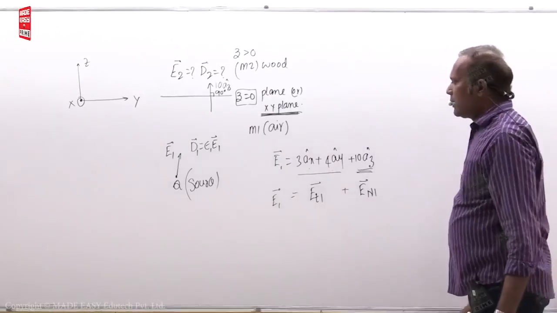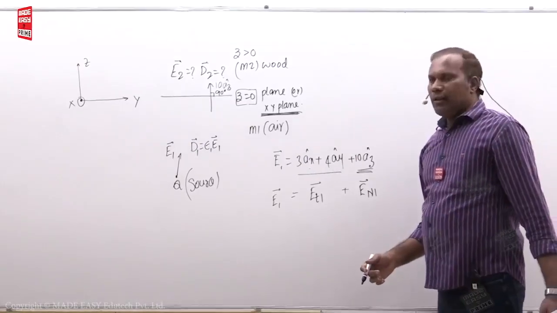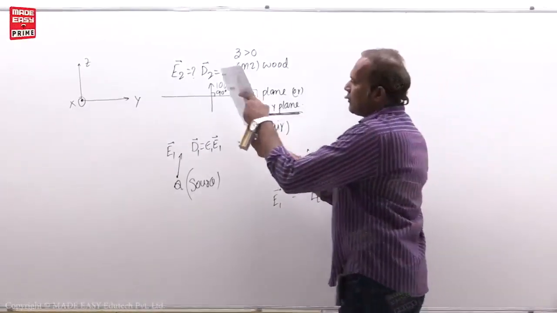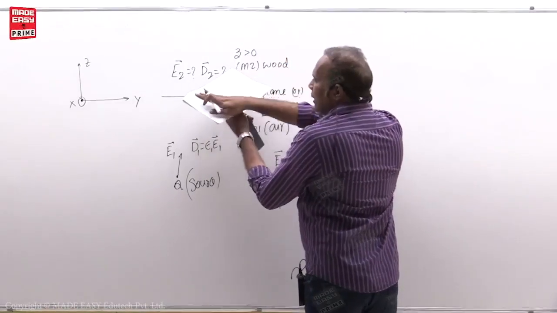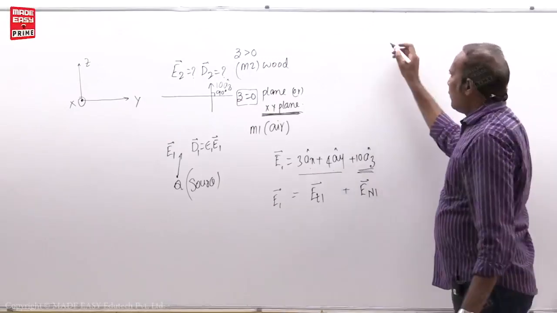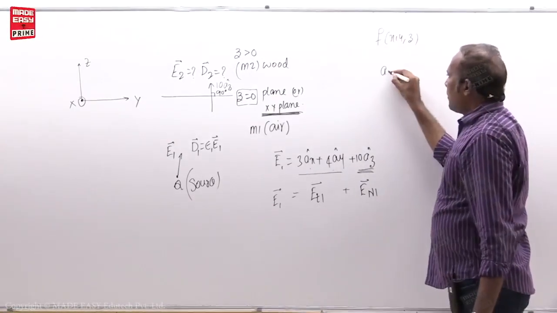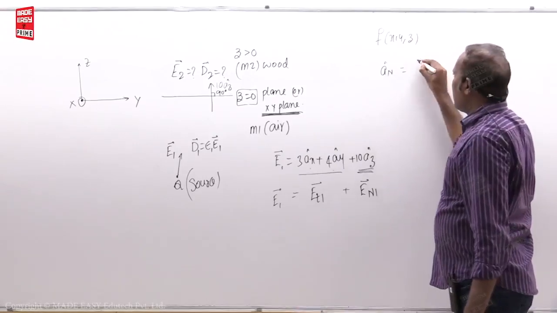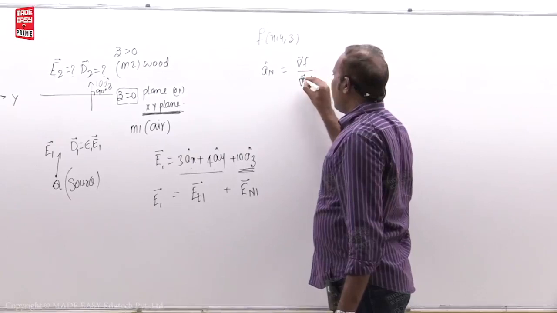And also, dear students, if any complicated boundary surface is given, then they give the surface function. If you know the surface function f(x, y, z), then the normal unit vector is grad f divided by modulus of grad f.